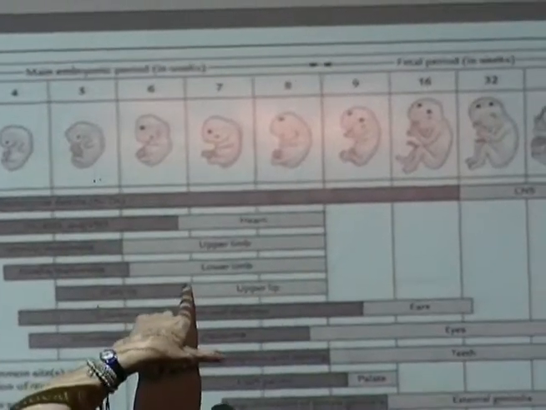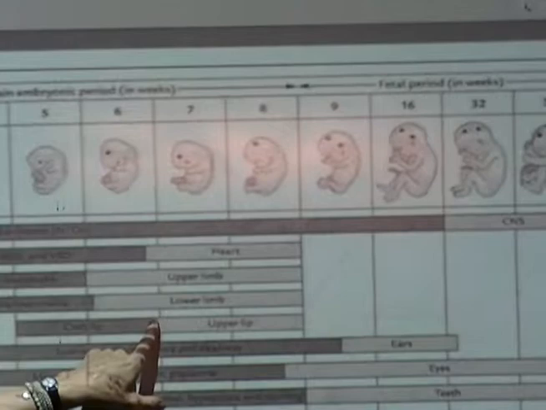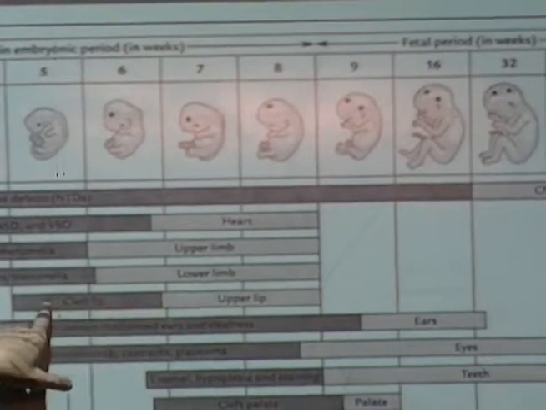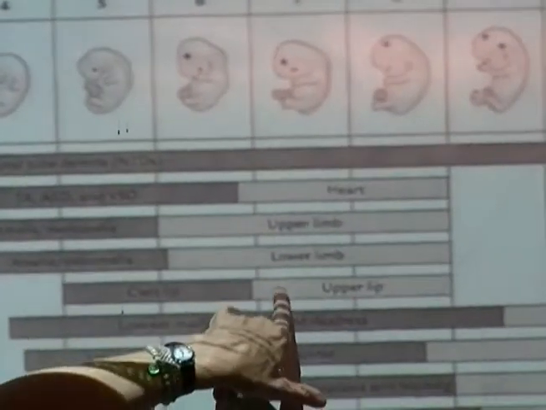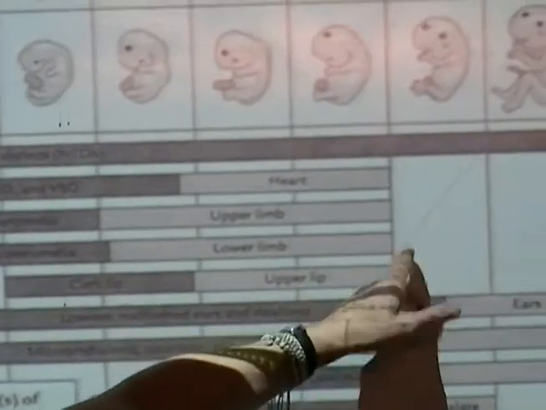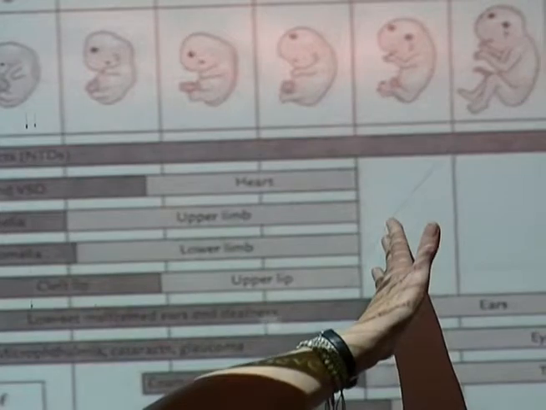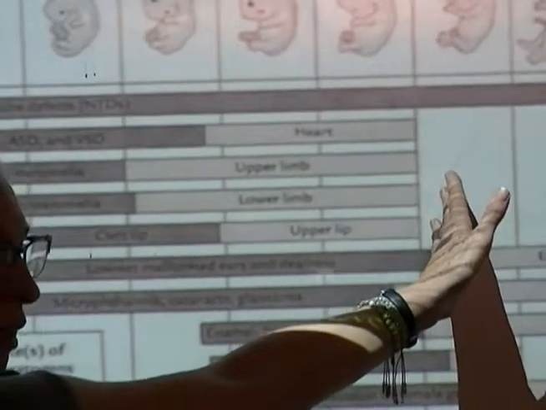Upper lip: if you know anyone that was born with a cleft lip, for example, the period of most risk for that developing was weeks 5 and 6, a little less risk during 7 and 8. After 8, lips are formed, so that cleft lip didn't happen after week 8.